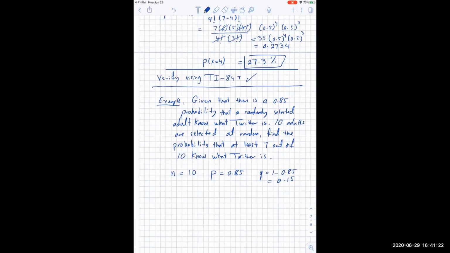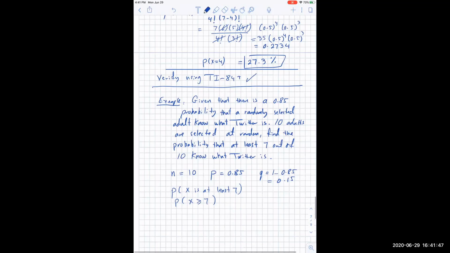I'm interested in finding the probability that X is at least 7, which means X is greater than or equal to 7. At least 7 means 7 or more in a sample of 10 know what Twitter is.